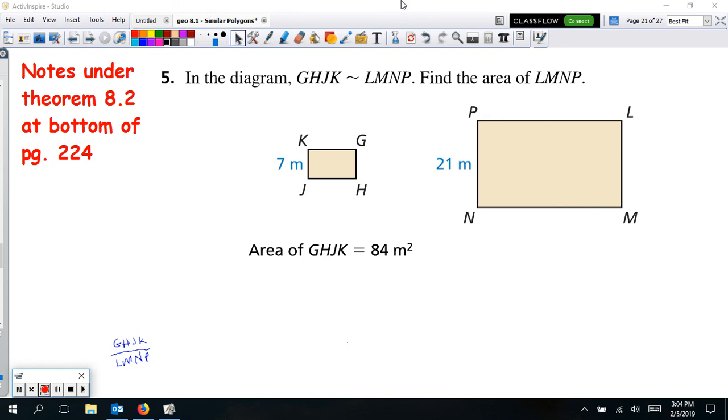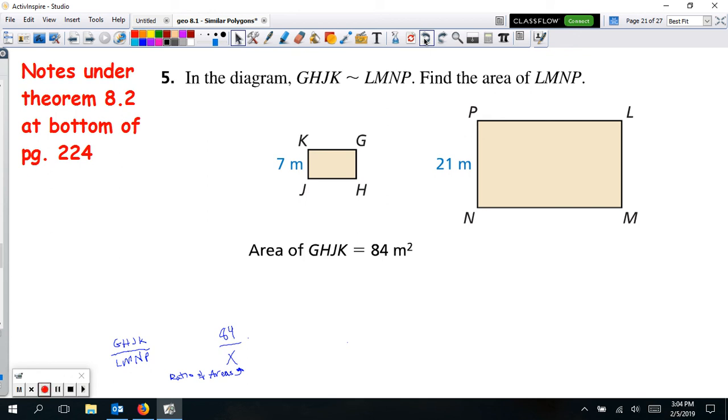Hang on a second. Okay, I want to get that bar out of the way. Okay, so we got the smaller one on top and the bigger one on the bottom. So we're going to put as far as the areas, this is going to be now the area. So one ratio is going to be your areas. So a ratio of the areas is going to be, the smaller one is 84, and I'm using X to represent the area for the bigger one, the L, M, N, and P that we're trying to find.